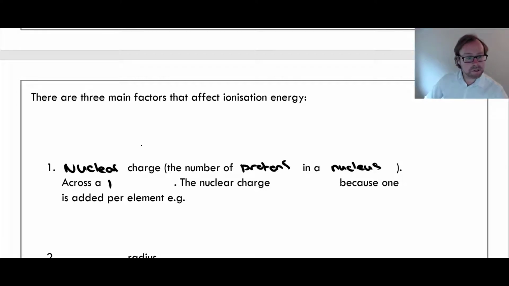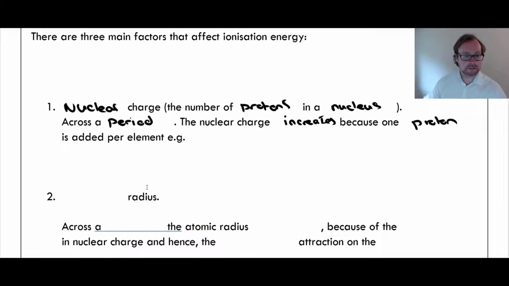As we go across a period, the nuclear charge increases because one proton is added per element, e.g. sodium, magnesium, aluminium.